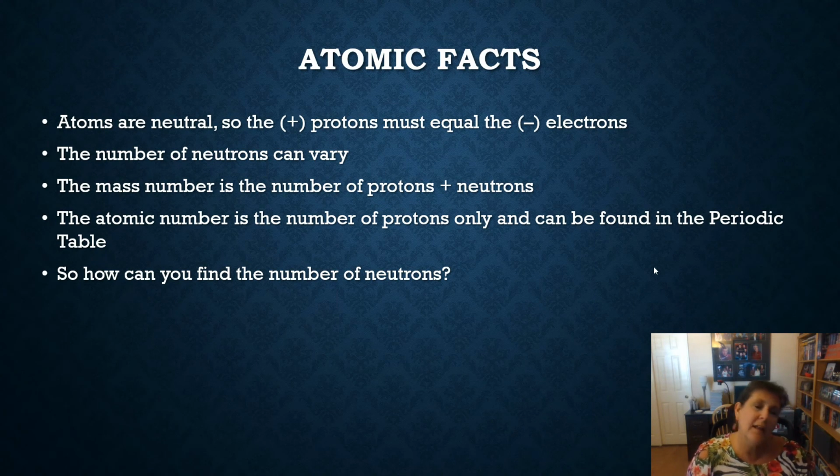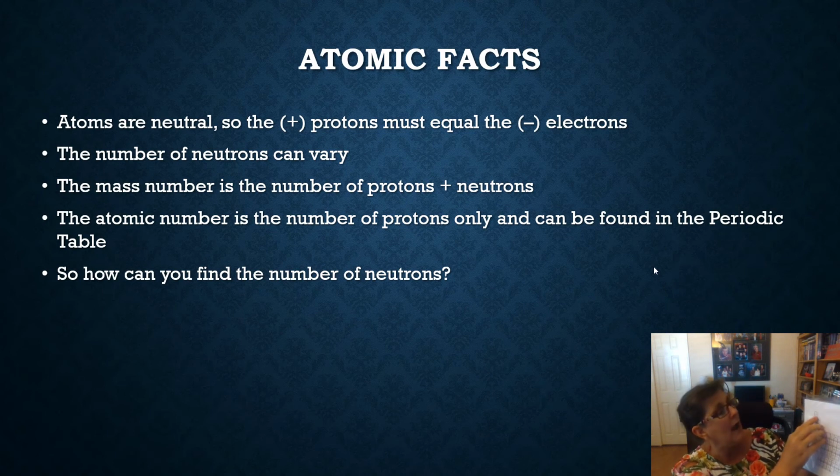So we can't predict that by looking at the periodic table. There are 2 numbers you need to know about an atom. The mass number is what has mass, protons plus neutrons. So the mass number is the number of protons plus the neutrons together, and that's the mass of the atom. The atomic number is the number of protons only, and that can be found in the periodic table.